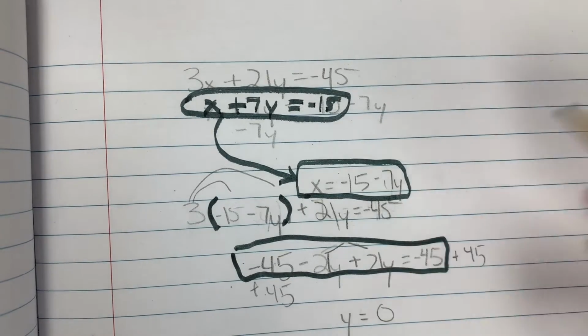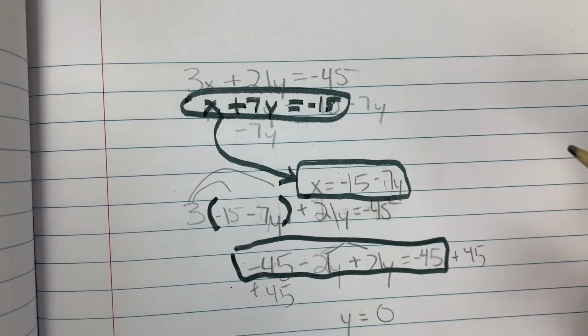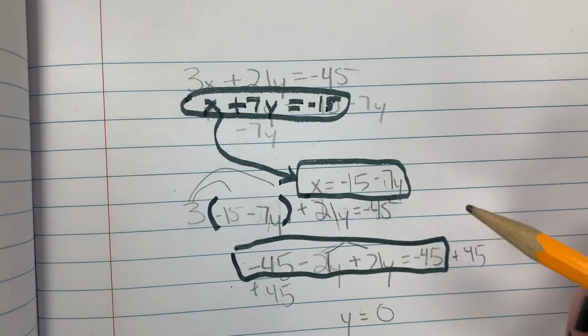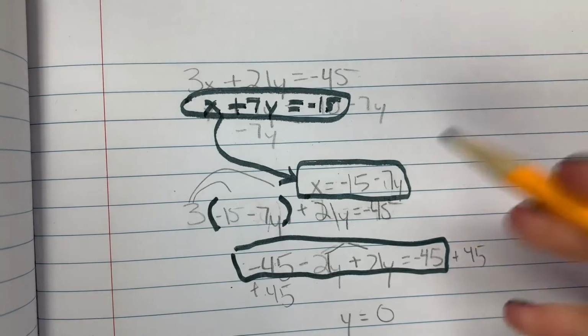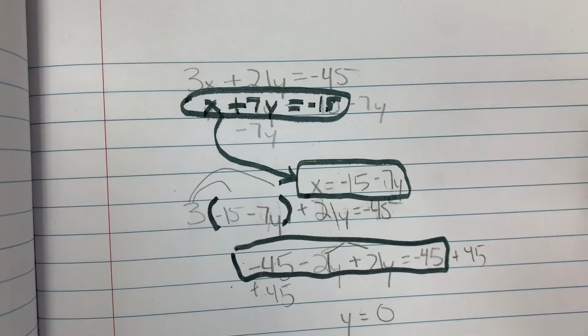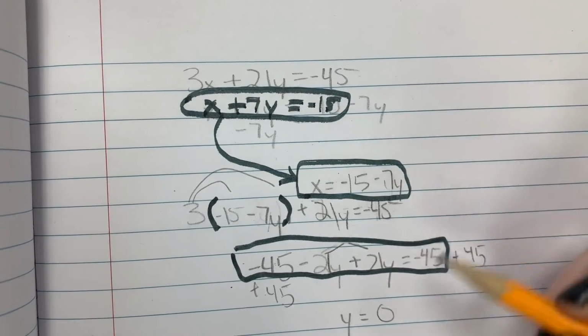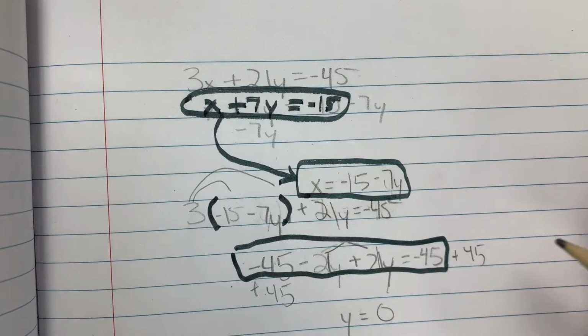Wait, okay, go back. I don't understand. What do you mean y is equal to 0? Because you combine like terms, and then what do you get? You would just get y. No. Or would it just be 1y? No. What is negative 21y plus 21y?